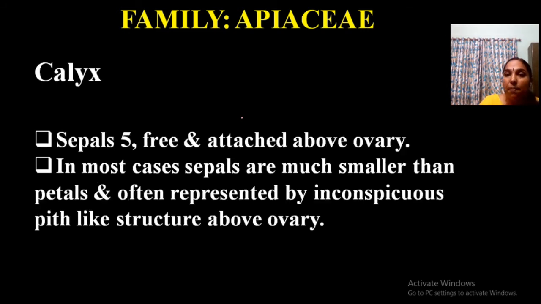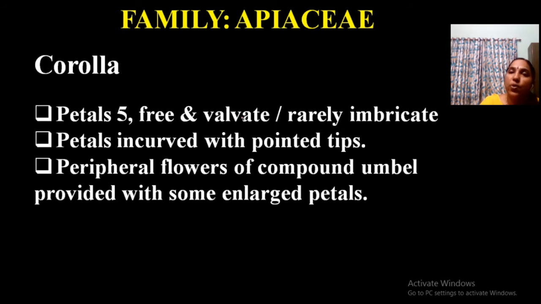Calyx with 5 sepals, free or reaching above the ovary. In most cases, sepals are smaller than petals. Corolla also again 5, free, that is polypetalae, valvate. Very important point here, that petals are incurved with pointed tips.